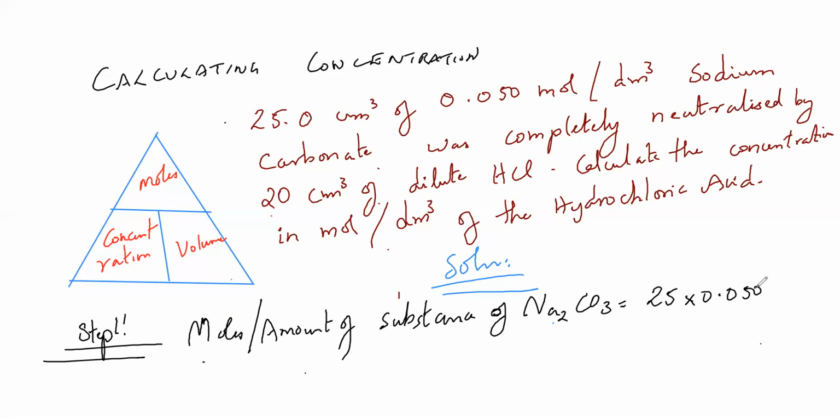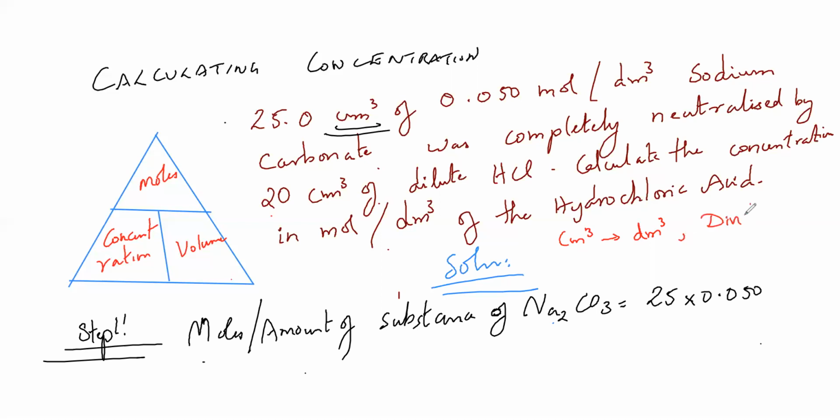Correct? But since it is coming in centimeter cube, we have to convert centimeter cube to decimeter cube. For that, I'll write down one formula: centimeter cube to decimeter cube, we have to divide by 1000.